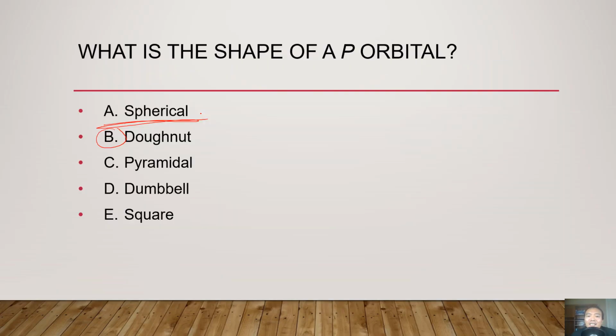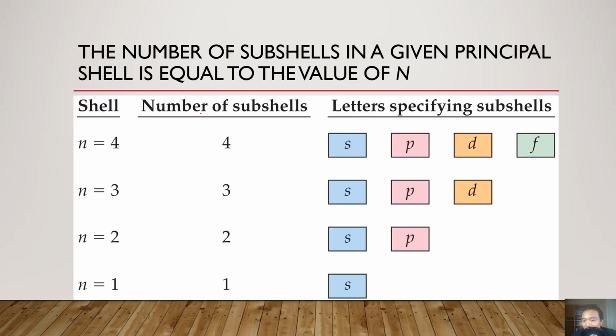Now let's look at how many subshells you have in each shell. Remember, the principal quantum number, like 1, 2, 3, 4, etc., represents the shell. In shell number 1, you have an s subshell.